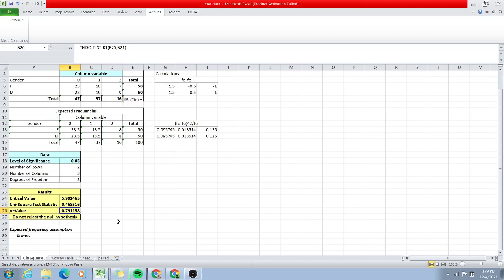It is equal to the square root of the chi-square value divided by n times the smaller value between the number of rows minus 1 and the number of columns minus 1. However, in our example here, since the relationship is not significant, there is no need for us to compute Cramer's V.